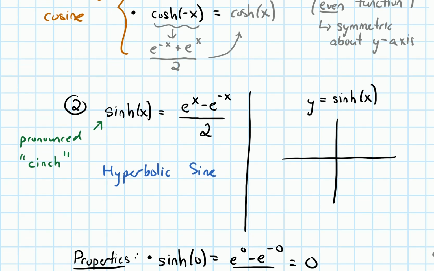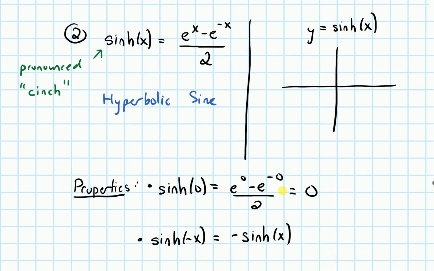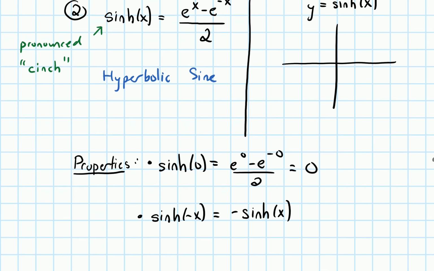Okay, so cinch has two similar properties. When you plug 0 into it, we'll end up getting 0. And when you plug negative x into hyperbolic sine, you get the original function, but with a negative out in front this time. And that makes hyperbolic sine what's called an odd function. And an odd function also has a symmetry, but not about the y-axis.